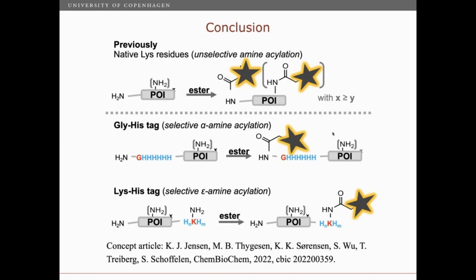We've developed the gly-his and the lys-his tags that direct their own chemical modification by amide bond formation, and for this we've developed tuned reagents to carry this out, and some of them are already commercially available. And I'm very pleased that Iris Biotech has made these commercially available. We've already summarized our work and put it into perspective. This came out just a few months ago.